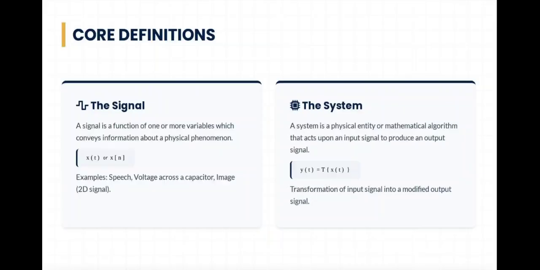So before moving ahead, we have to know what a signal is and what a system is. A signal is a quantity that varies with one or more independent variables and represents information about a real world phenomenon. Most commonly, it varies with time.